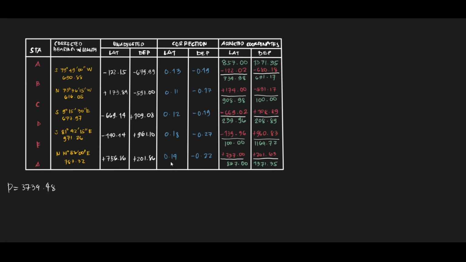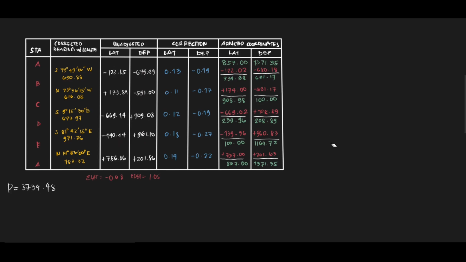If there is no error, then the unadjusted latitude and departure should sum up to 0, right? But if it does have a discrepancy, then we'll find out. Summation of latitude here is negative 0.68. The summation of departure is equal to positive 1.05. So we have an error here of negative 0.68 in the latitude and 1.05 in the departure.